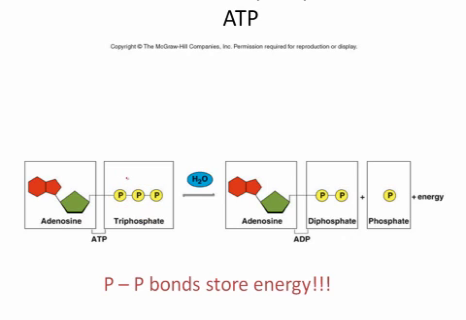The ATP can be broken down into ADP, adenosine diphosphate, and whenever we break that chemical bond, that releases energy. So whenever we have excess energy from cellular metabolism, we take the ADP and form ATP by forming that covalent bond between those last 2 phosphates, and then whenever we need energy, we can break that bond to release the energy.